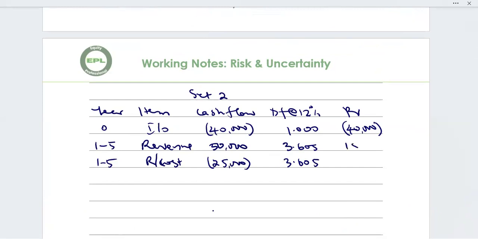So this still remains 180,250. 25,000 multiplied by 3.605 equals 90,125. Okay, final answer: plus 40,000 minus 180,250, 5,125.